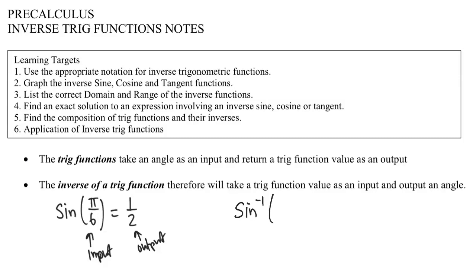It takes as its input a trig function value, and as its output gives you back an angle. So sine inverse of 1/2 equals pi over 6, where 1/2 is the input of the inverse sine function and pi over 6 is the output.